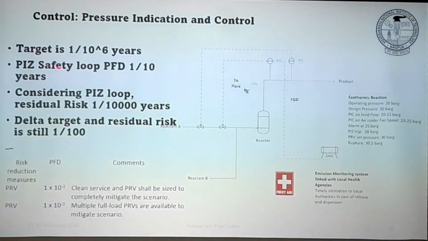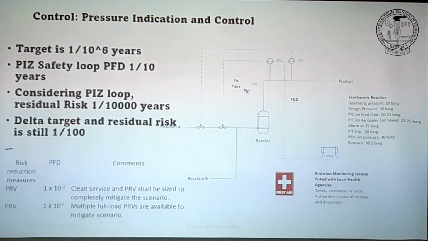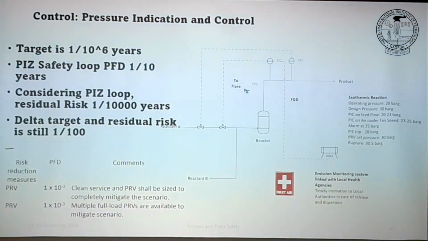And our current risk is 1 in 10 to the power 3 years. So we still need to reduce the risk by a factor of 10 to the power 3. Right, for example. So if we consider the PIZ loop also, then it becomes 10 to the power 4. So the final risk reduction required is 10 to the power 2.